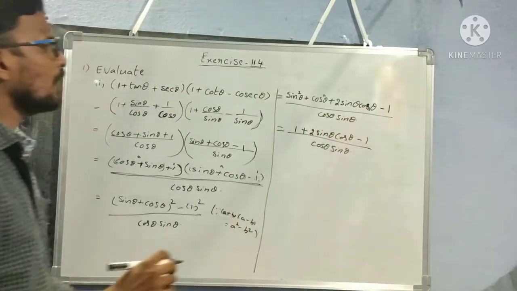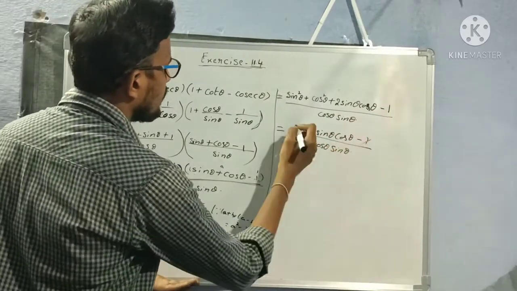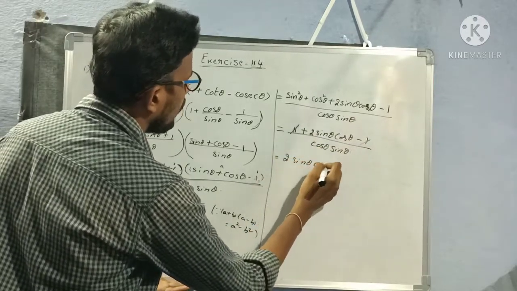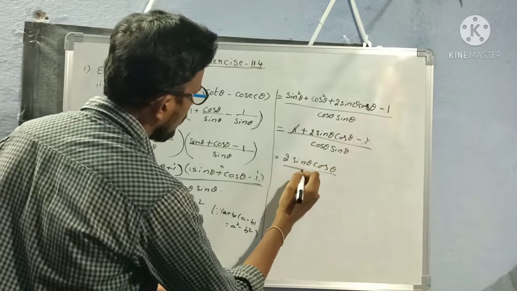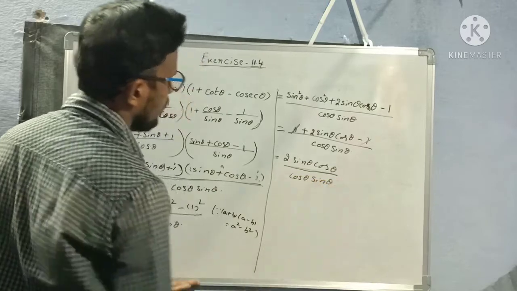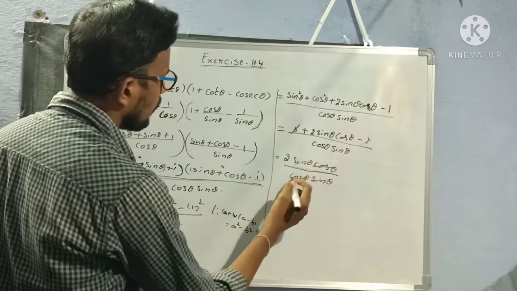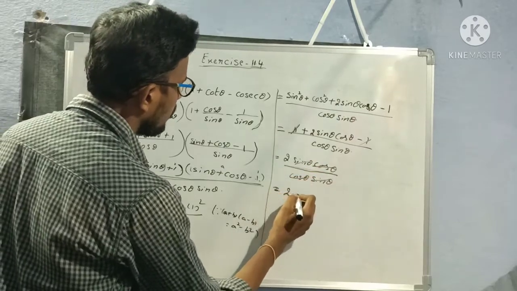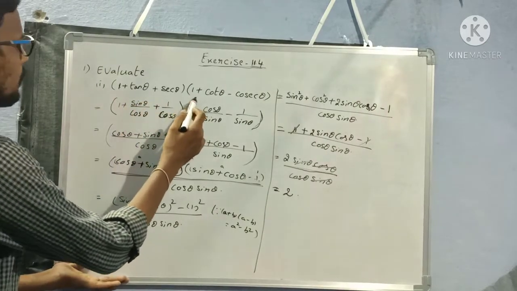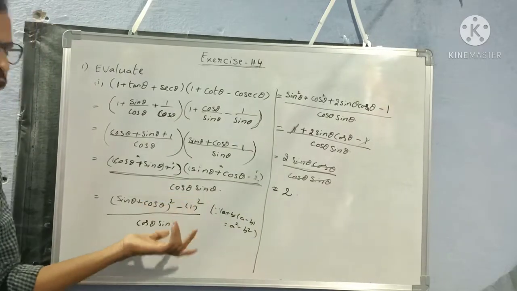Plus 1 minus 1 gets cancelled, leaving 2 sin theta cos theta by cos theta sin theta. Sin theta and cos theta get cancelled. The answer is 2. So the value of (1 plus tan theta plus secant theta) into (1 plus cot theta minus cosecant theta) is equal to 2.